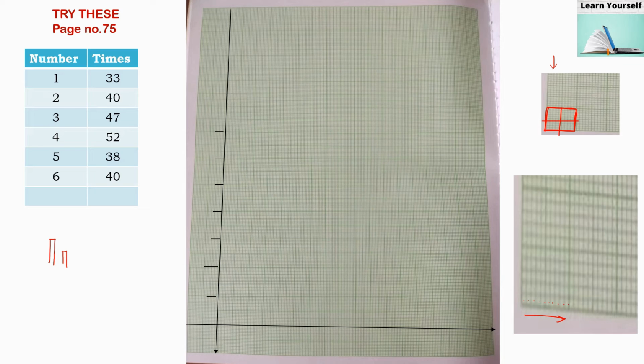So horizontally there are 10 boxes. Vertically if you count, there are also 10 boxes. So this dark green box contains 10 by 10 boxes. That means 10 into 10, totally it contains 100 boxes.